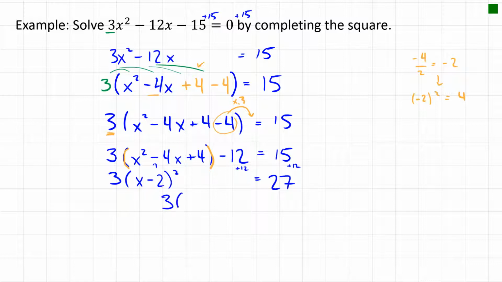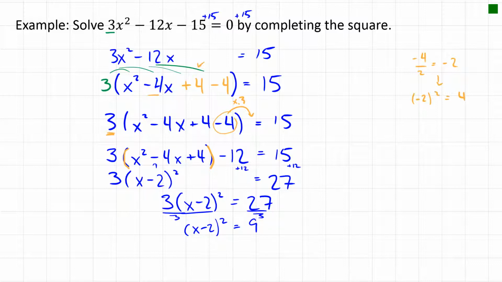So now I have 3 times x minus 2 squared equals 27. And now I can solve this equation just like we were solving quadratic equations with the square root principle before. So we divide each side by 3, and I get x minus 2 squared equals 9.